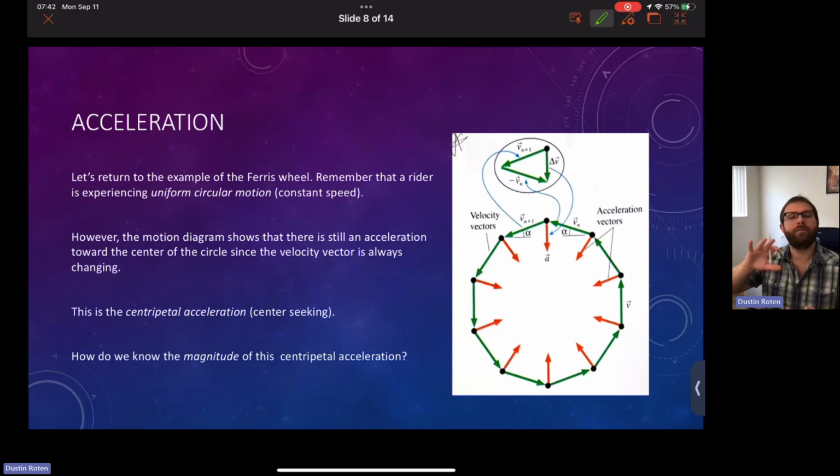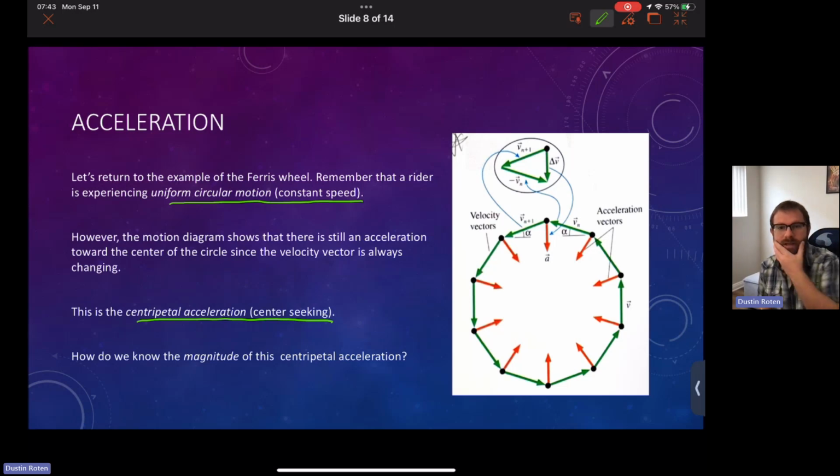It runs for a few minutes before it starts slowing down. So this is going to be, again, constant speed. Even though there is a constant speed and your tangential acceleration may not be changing, there's still a center-seeking acceleration. Okay, so this is going to be the centripetal acceleration. So this is the center-seeking acceleration.